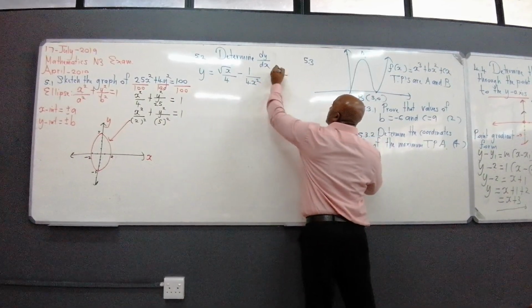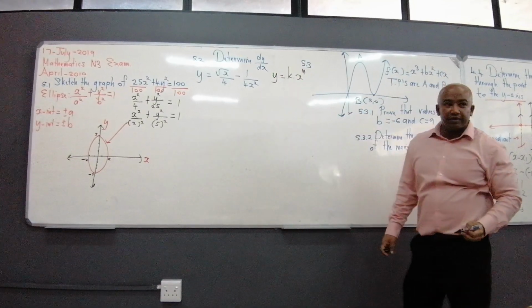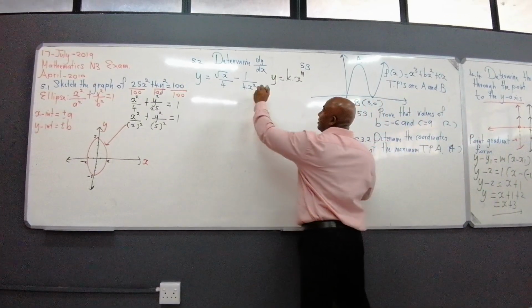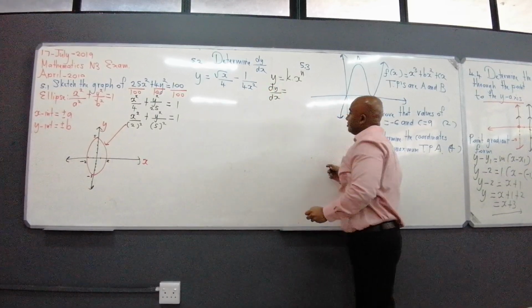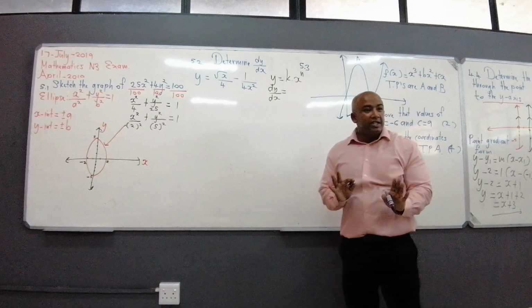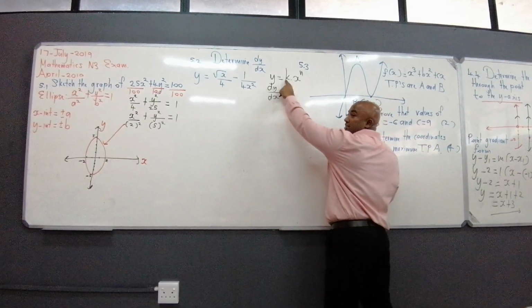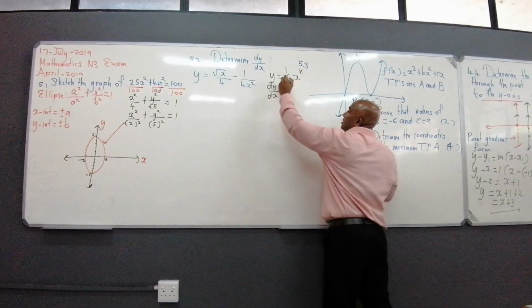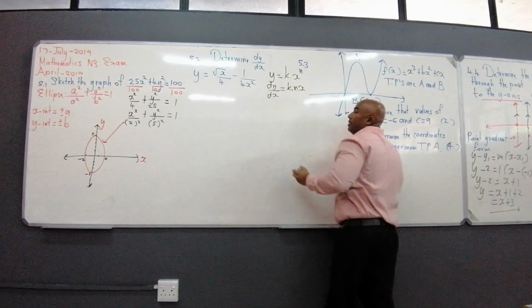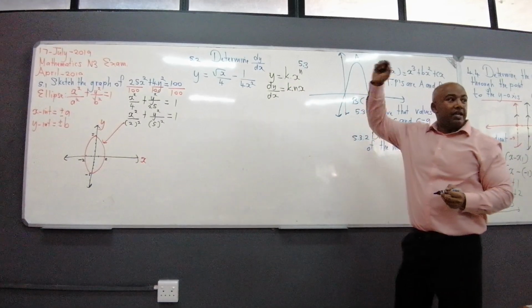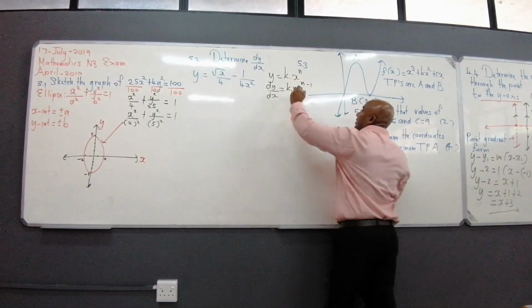If y is equal to k x to the power n, then the first derivative dy over dx, how do we apply this rule? You multiply your coefficient by the power, so that's going to be k times n, copy down your base, which is x, take the original exponent, and subtract 1.